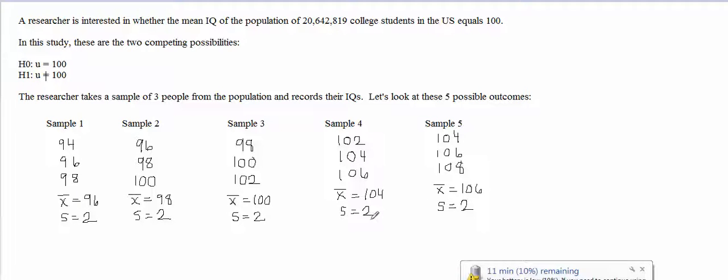I know that these data sets probably look too simple, because they're all 2 apart, but I did that just so I can make the concept more clear. Let's actually calculate the t-score of each sample, and then let's talk about what those t-scores actually mean.